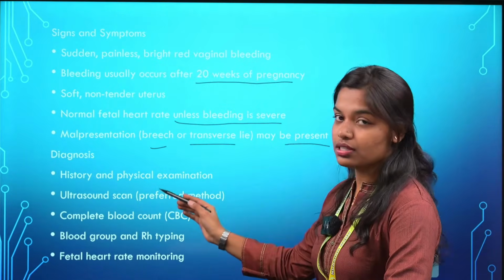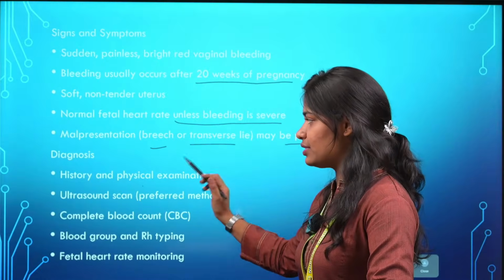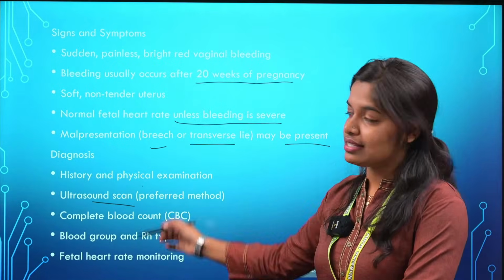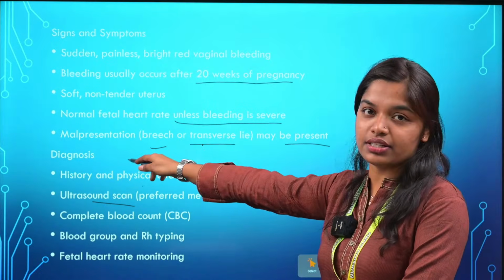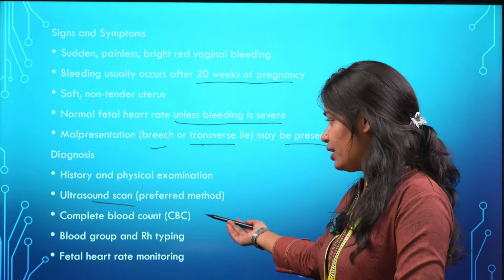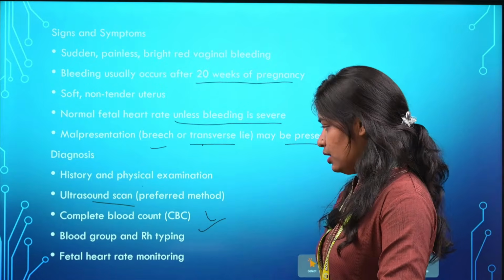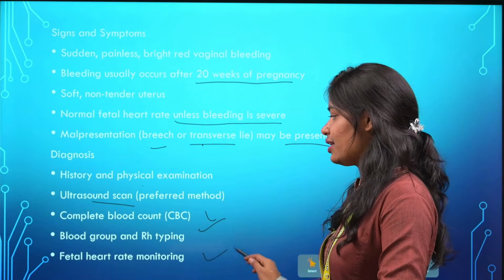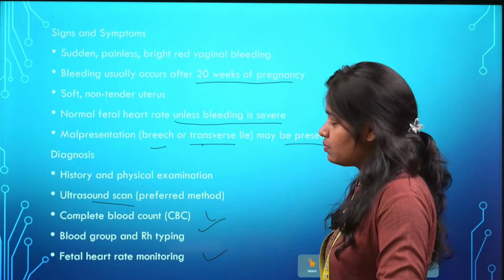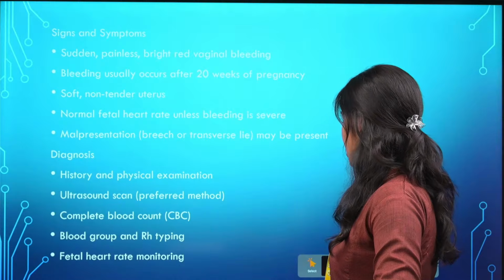Then diagnosis, we do history collection, physical examination, and also an ultrasound scan to assess the lie or malpresentation of the fetus, and also complete blood count, group and Rh typing, and fetal heart rate monitoring. This is regarding the diagnosis and the signs and symptoms of placenta previa.